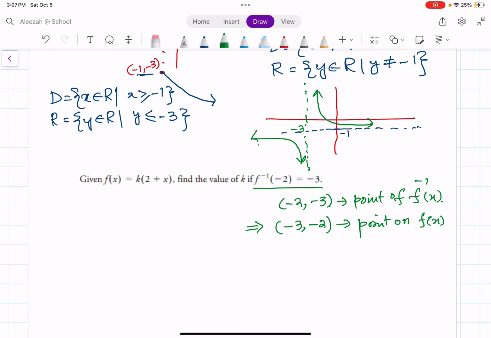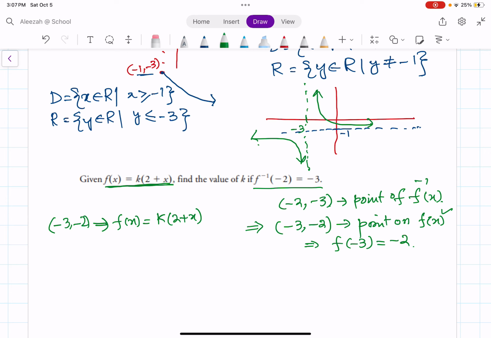Once you have a point on your function, you will substitute this point in the equation and find out k. So when you plug the point -3, -2 into the equation f of x equals k times (2 plus x), you can write that f of -3 equals -2.